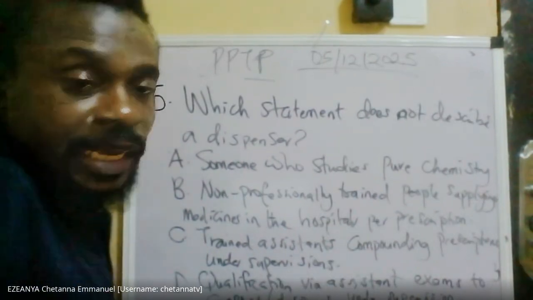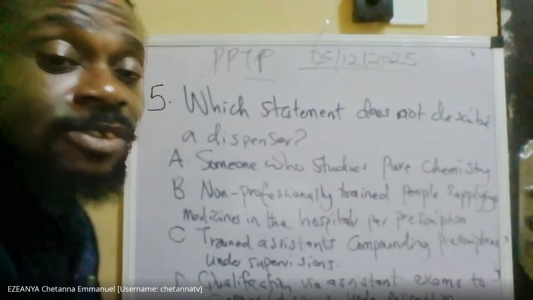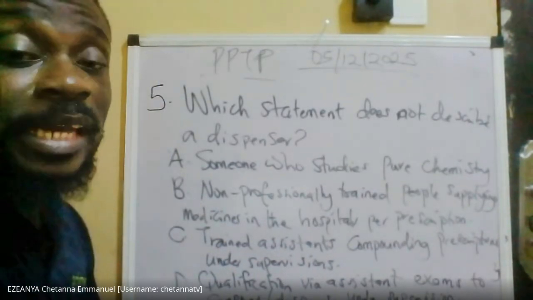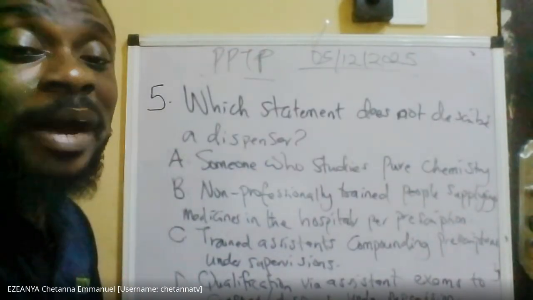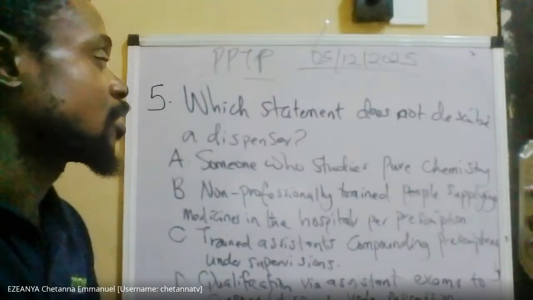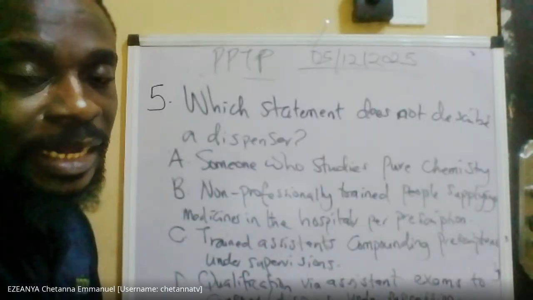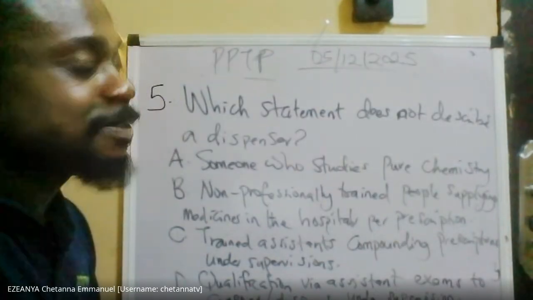So what is the answer? The answer is actually A. Someone who studies pure chemistry. Why is it A? Because this option is just talking about the study of pure chemistry. It has no business with dispensing. Is that clear? But before we do that, who is a dispenser?